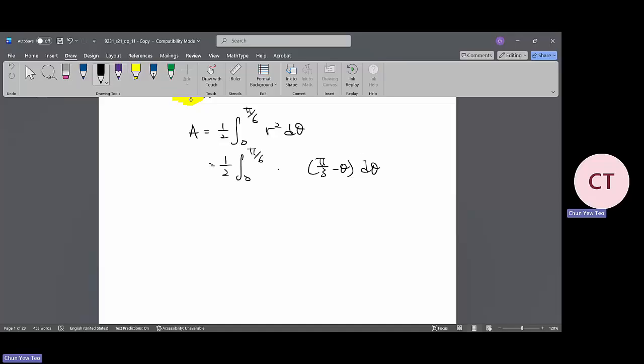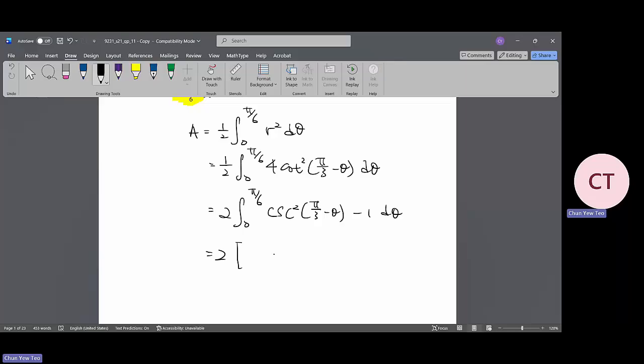We directly square it, it will be 4 cot squared, so together with the half it will be 2. Then cot squared, we cannot integrate cot squared directly. By applying the trigonometric identity, we know that cot squared is cosecant squared minus 1. So to integrate cosecant squared, you can just check the formula booklet.